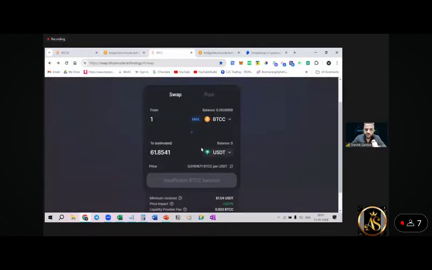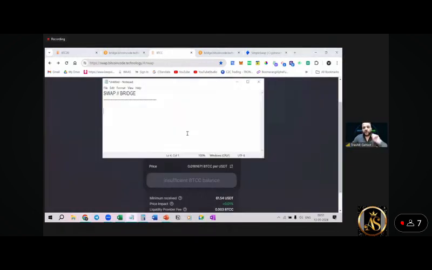So this is called swapping. But when the same asset is transferred from one blockchain to another blockchain, it is called a bridge. Let us take an example of USDT. Now there are many versions of USDT, right?